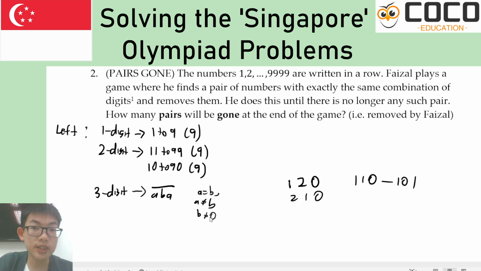So all of these things are going to be left behind, which would be when A and B are just from 1 to 9.